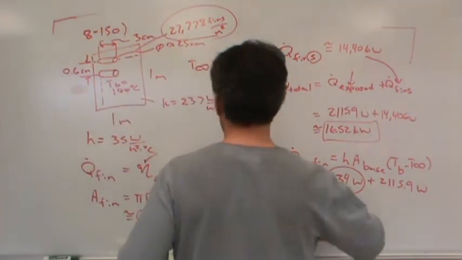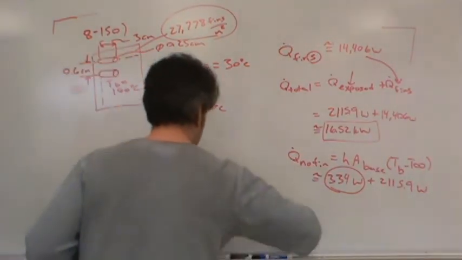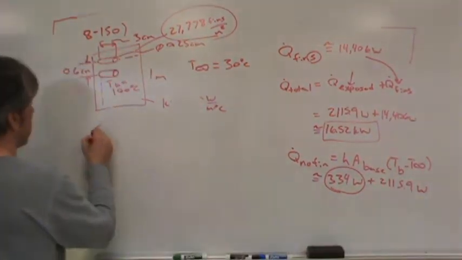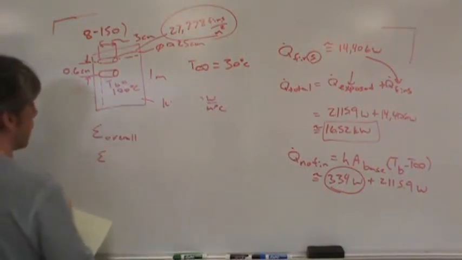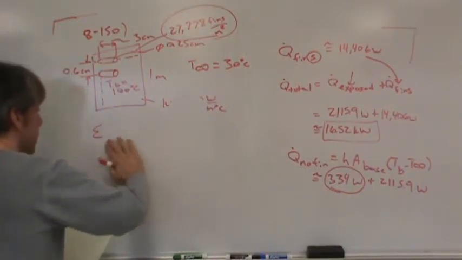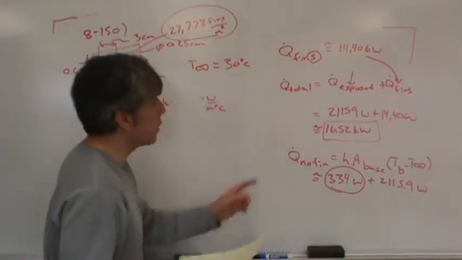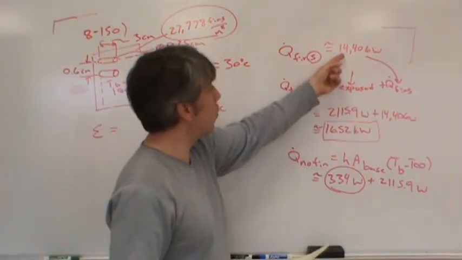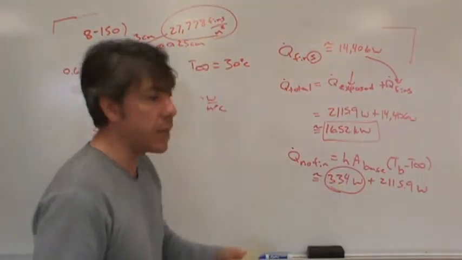The effectiveness, you could look at the overall effectiveness versus just the effectiveness. So let's start off with just the effectiveness, which is the heat transfer rate with the fins divided by the heat transfer rate without the fins. Just talking about the base area itself.